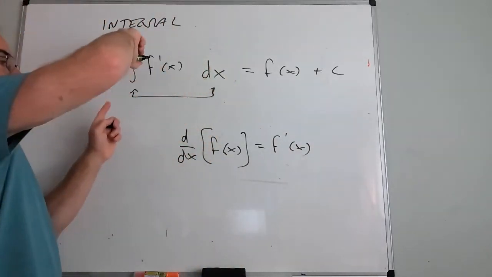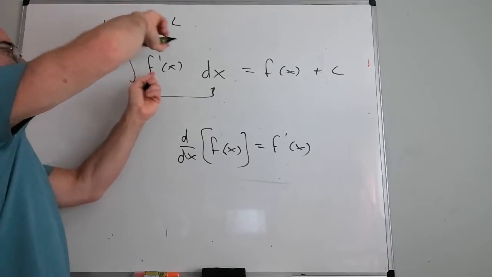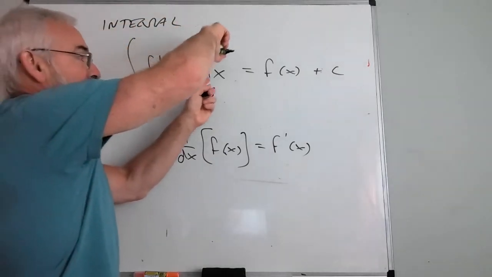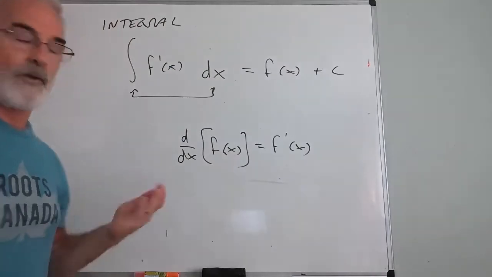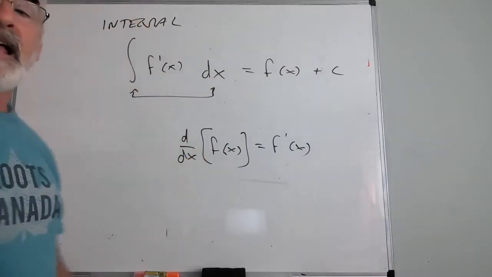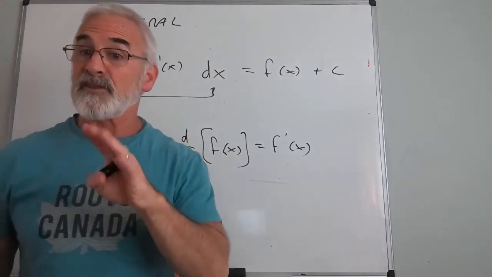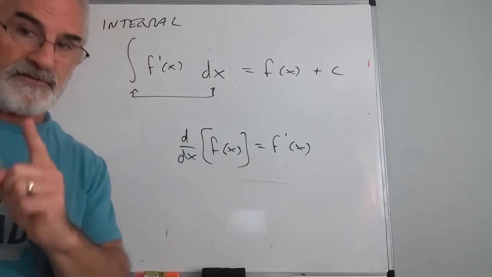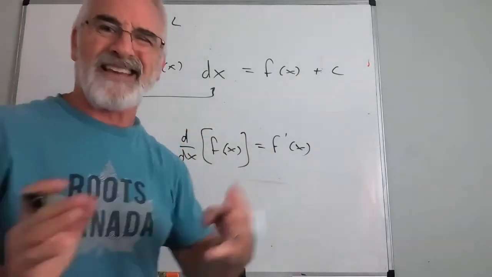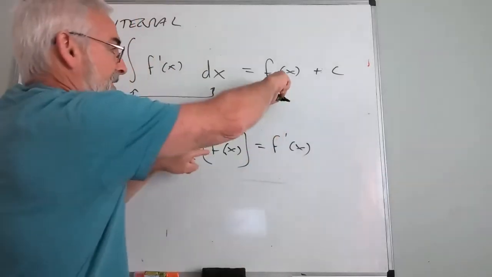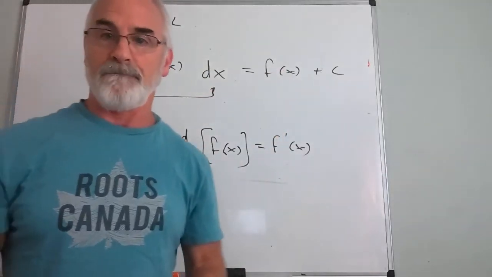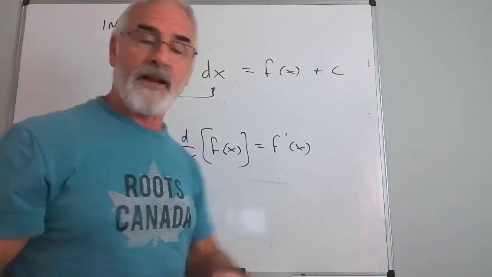So now in reverse, I'm going to integrate f prime of x with respect to x and get back my original function. So this is the loop here. The integral is sort of the inverse of the derivative, sort of. The plus c means I can get multiple answers, but I'm still going to get the same f of x back every time. Okay, so that's how we write it.